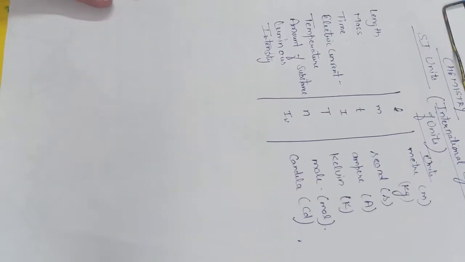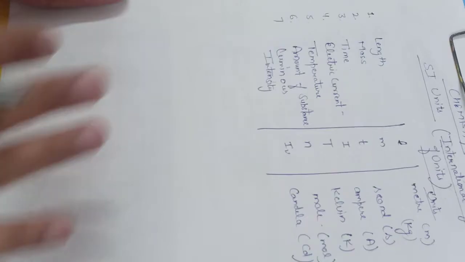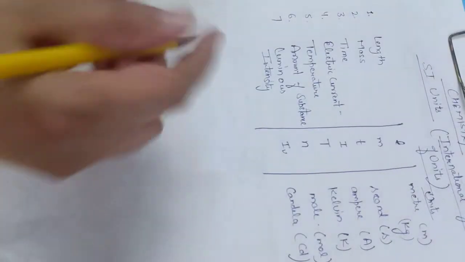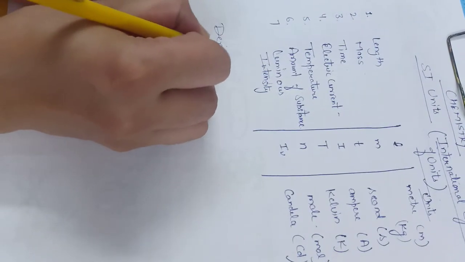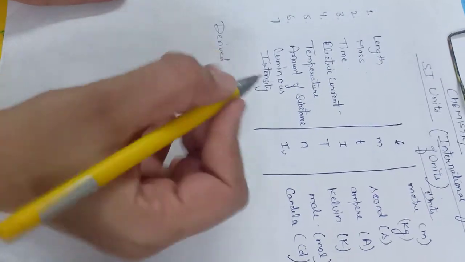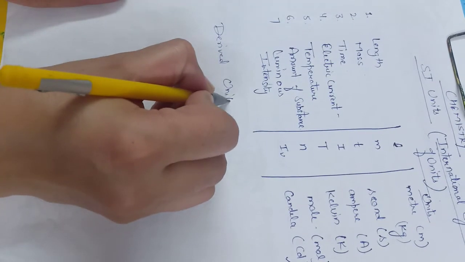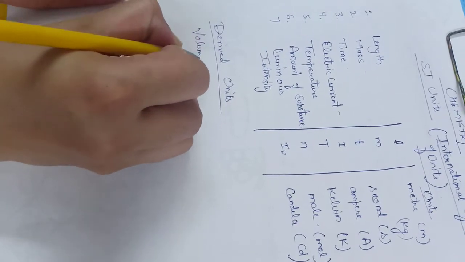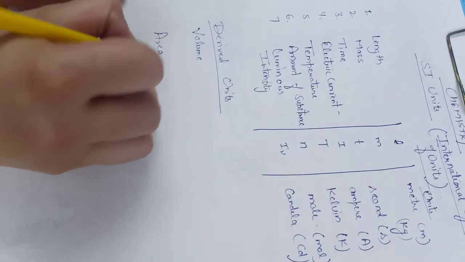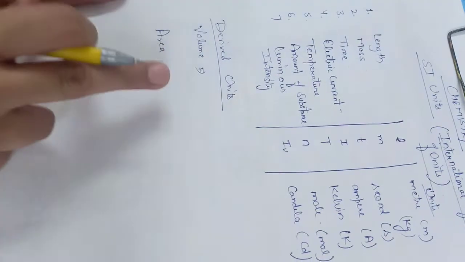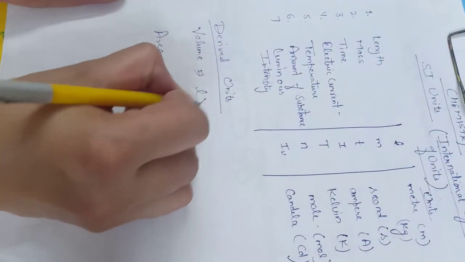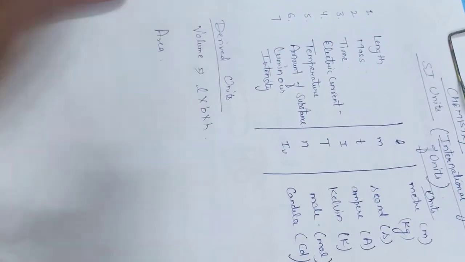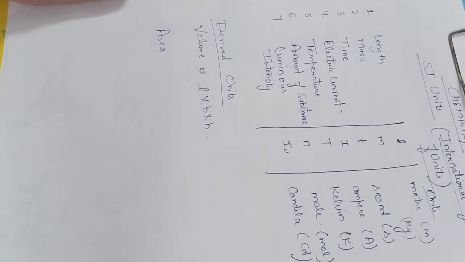With the help of these standard units we can easily calculate derived units. For example, volume, area, etc. What is the formula of volume? Length into breadth into height for a cuboid.